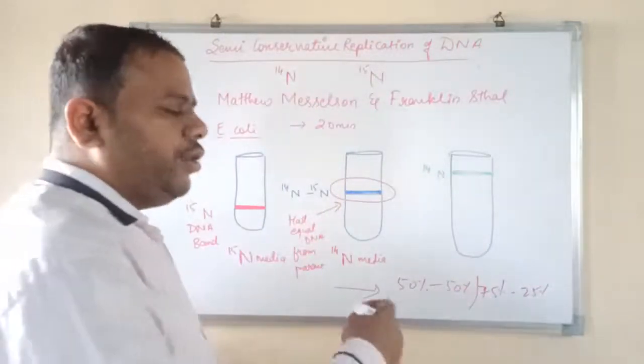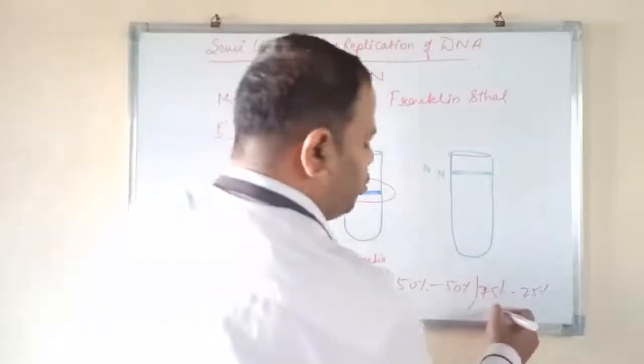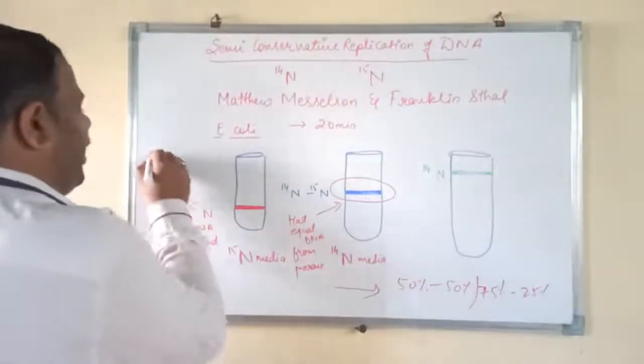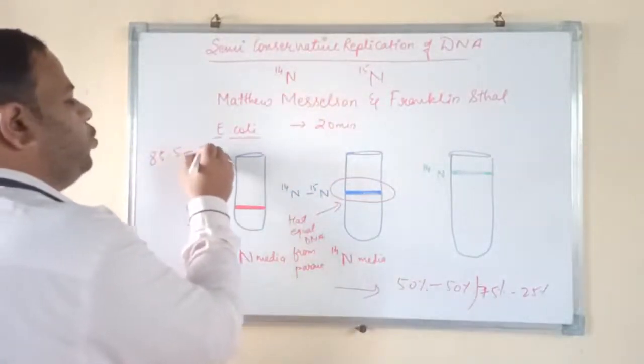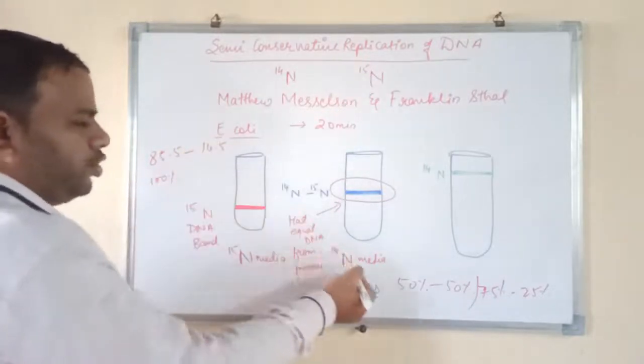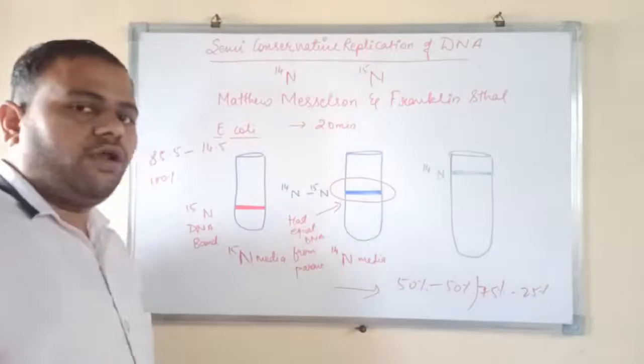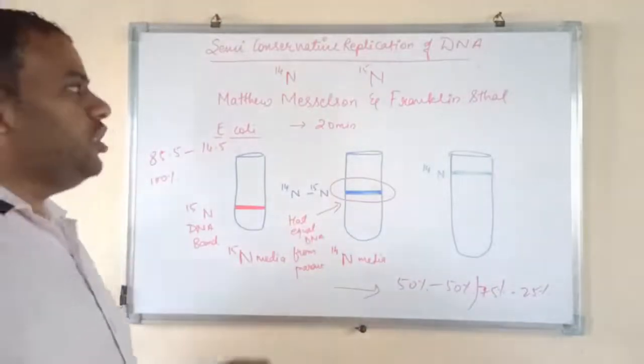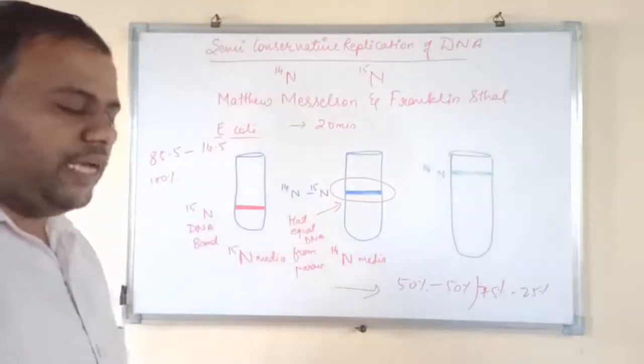And then when they grew it further, it reduced to 85.5 to 14.5, and then it was 100% normal nitrogen, as it was continuously growing on the normal nitrogen containing media. So this was all about the semi-conservative replication of DNA.